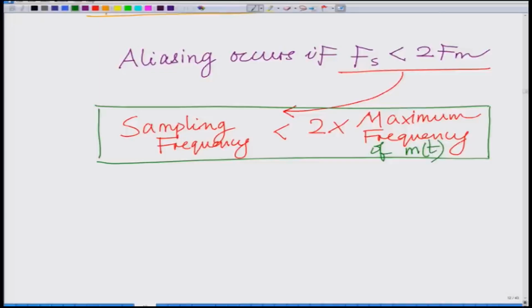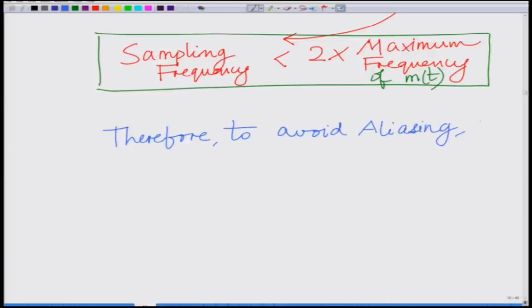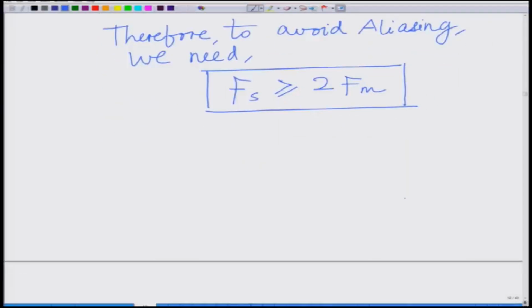Therefore, to avoid aliasing or aliasing distortion, we need Fs greater than or equal to twice Fm, and this is termed as the Nyquist criterion for sampling to avoid aliasing.